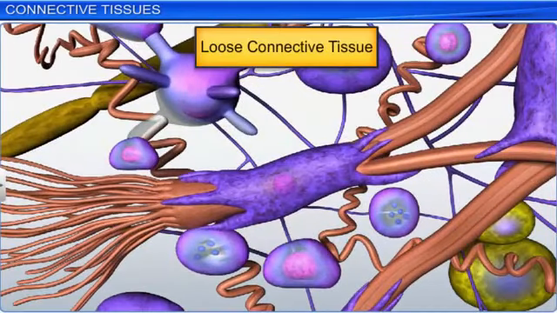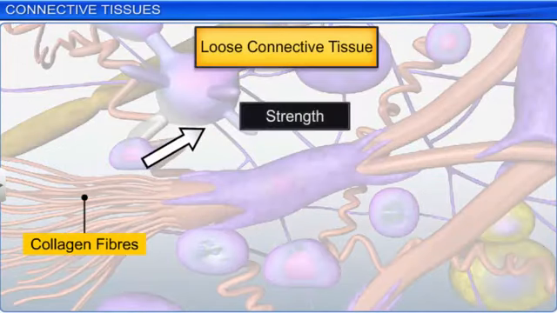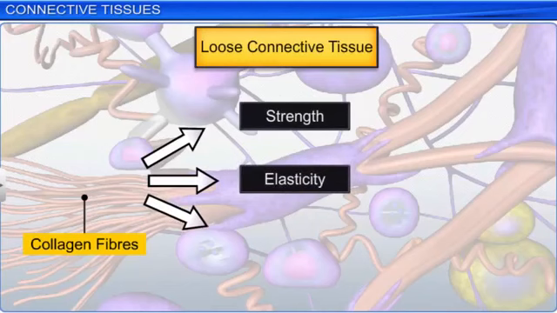Except for blood, the cells of connective tissue secrete collagen fibers, which are made of protein. These fibers provide strength, elasticity, and flexibility to the tissue.